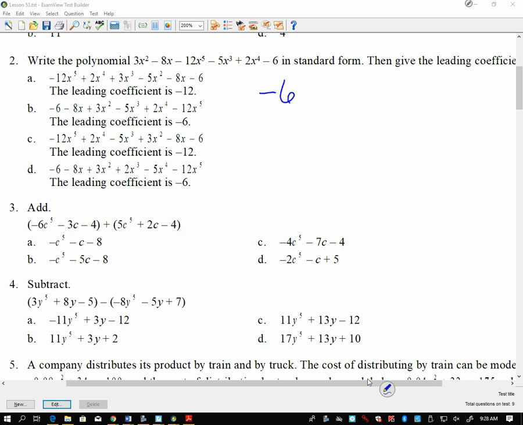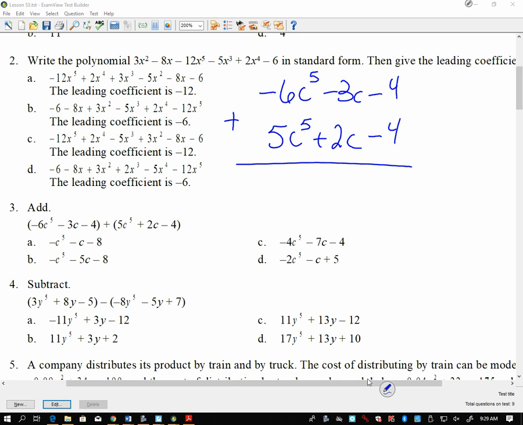So we have negative 6c to the 5th minus 3c minus 4 plus, okay, 5c to the 5th plus 2c minus 4. Okay, so that's how we would add them vertically.